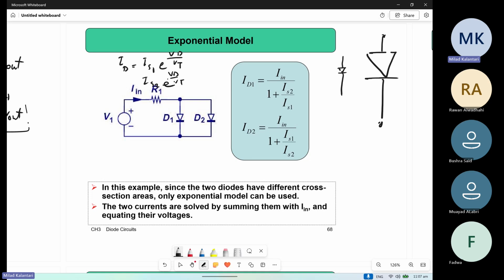Everything has some limit. You cannot pass so much current through a very tiny wire. If the current is too big, you need to use some cable which is maybe 1 centimeter in diameter, for power handling.